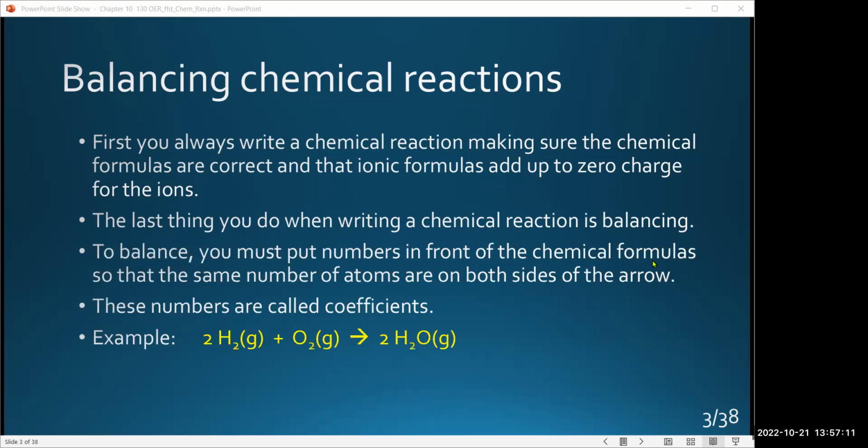So, for example, we have a simple equation, which is the combustion of hydrogen gas in the presence of oxygen yields water. And you could be given this reaction in just those words: hydrogen in the presence of oxygen reacts to give you water. So you take that wording and you convert that to the chemical reaction.